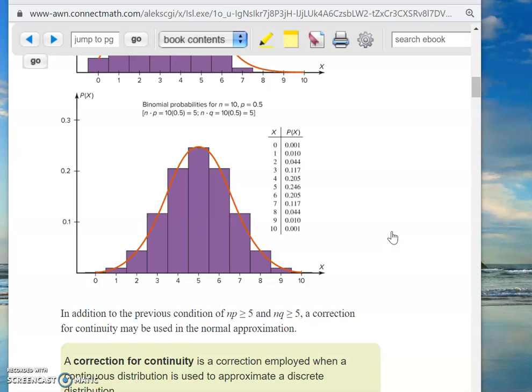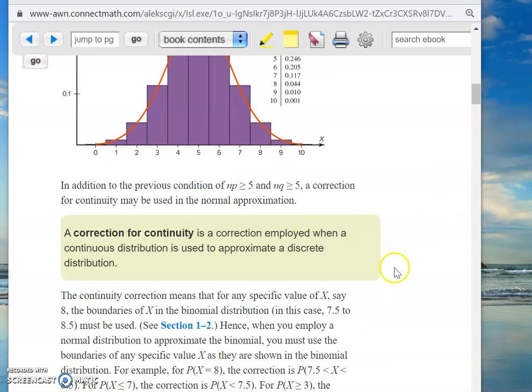Now, the word approximation, what does that mean? That means that it's approximately correct. It's close enough for government work. This is statistics, right? It's not like physics or something where you get an exact answer. These are all probabilities. Therefore, it's certainly appropriate to use an approximation.